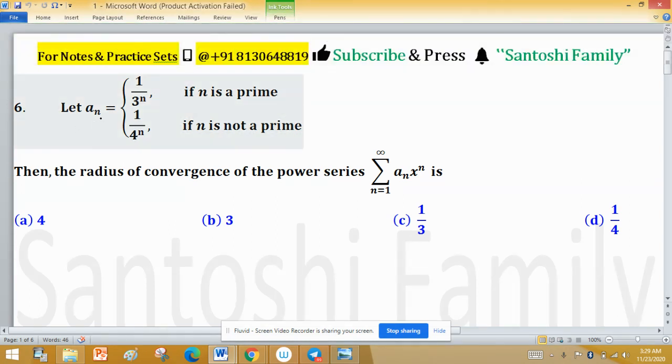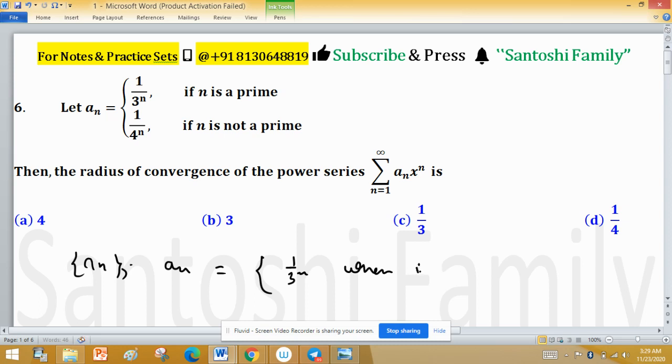is obtained by the sequence a_n, and the terms of a_n can be written as 1 upon 3 raised to the power n when n is prime, and 1 upon 4 raised to the power n when n is not prime.